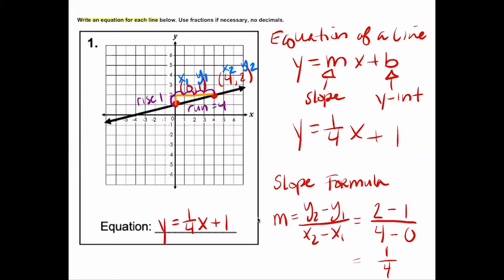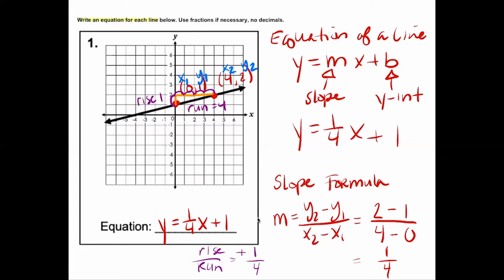You can also think of the slope formula as rise over run. So if the rise is 1 and the run is 4, you still get the same answer, 1/4. And again, this line is going uphill, so it would be a positive 1/4. But if it was going downhill, then you would put a negative right here. Either way is fine.